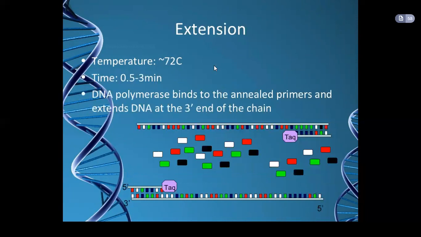Once the annealing is completed, the temperature increases again, up to 70 degrees centigrade, and at that temperature an enzyme is used again, which is Taq polymerase.